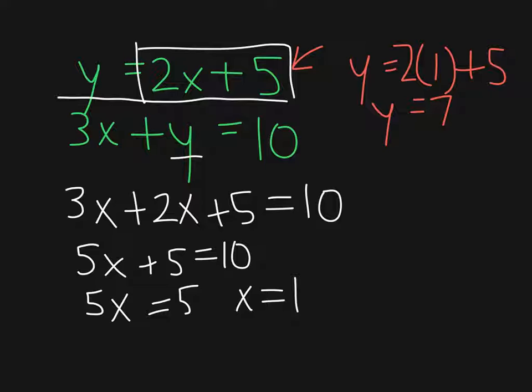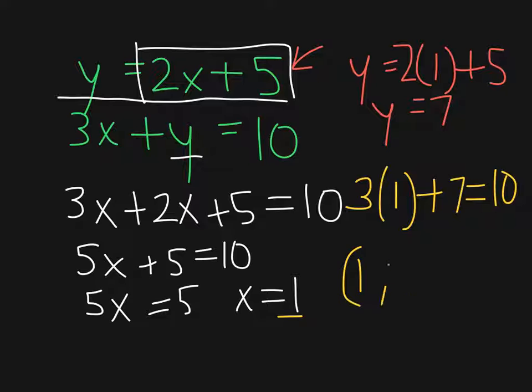So plugging that in, it's going to be 3 times 1 plus 7. Is that equal to 10? Yes, it is, because 3 plus 7 is equal to 10. So my answer is going to be x is 1, y is 7. And you'll get better at these as you practice.